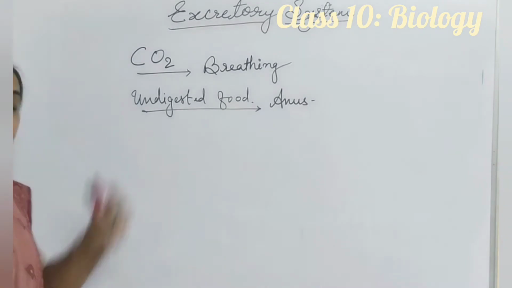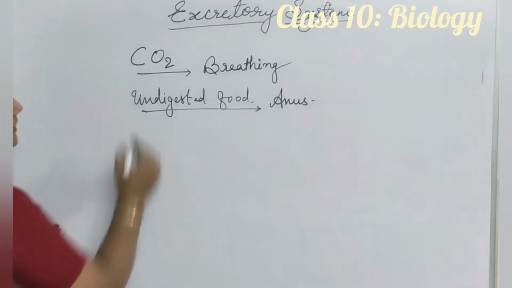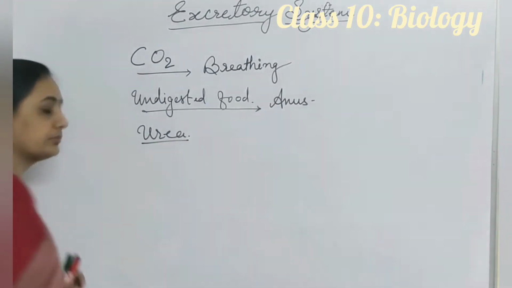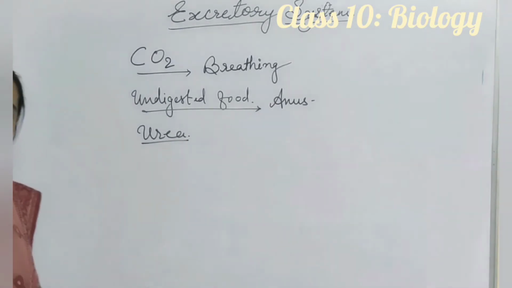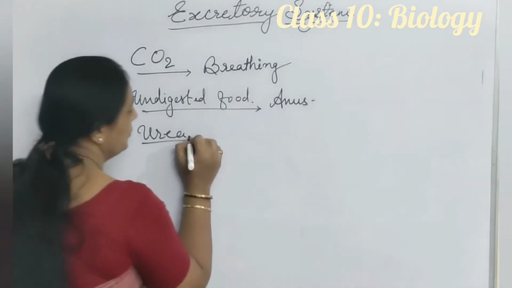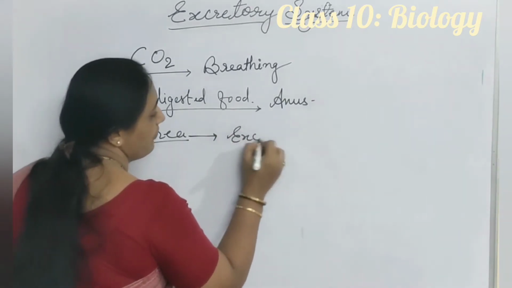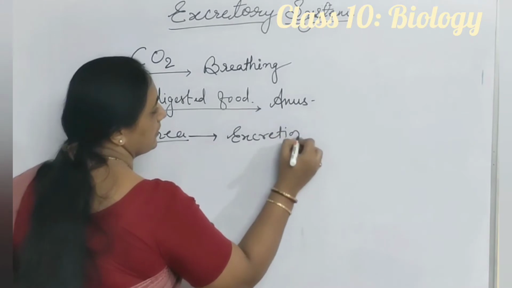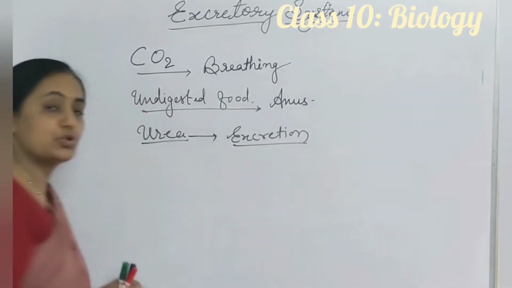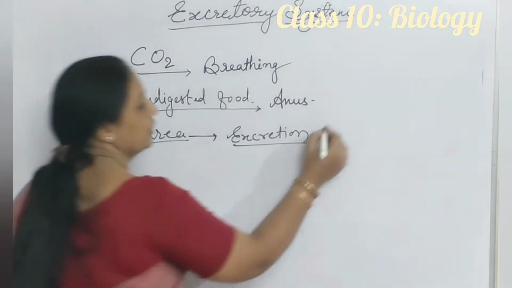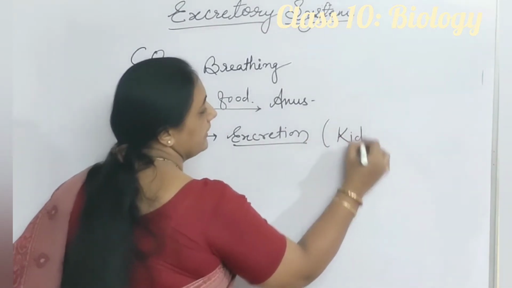In the digestive system we discussed all these things. Other is urea. How is urea removed? Urea is removed from blood in the process of excretion, in the excretory system, with the help of the kidney.